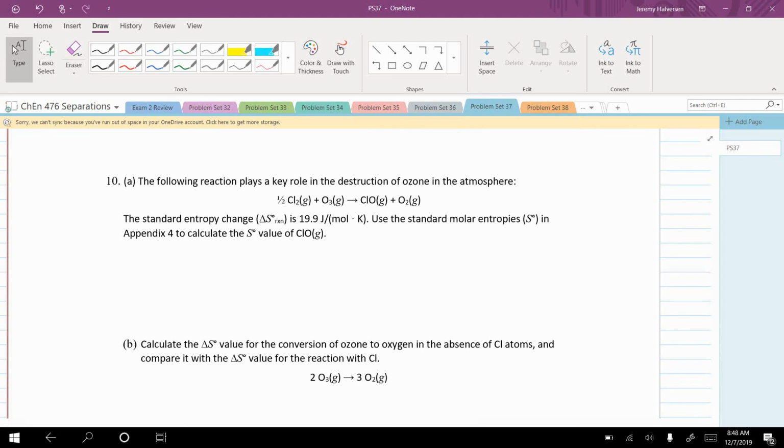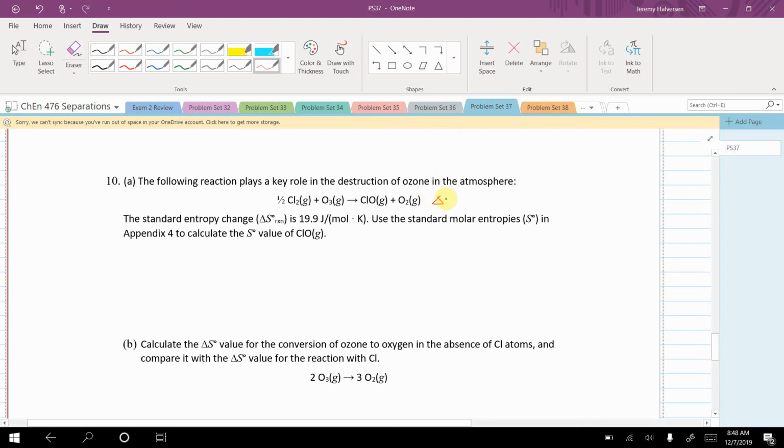Following reaction plays a key role in the destruction of ozone in the atmosphere. The standard entropy change delta S of the reaction is 19.9. Use the standard molar entropies in Appendix 4 to calculate the S naught value for ClO. Okay. So we've got a reaction.